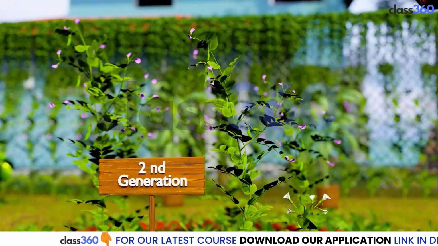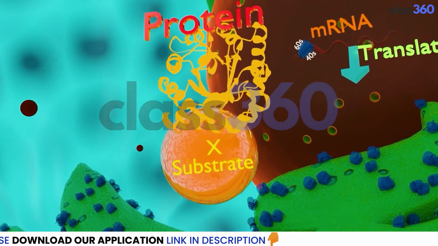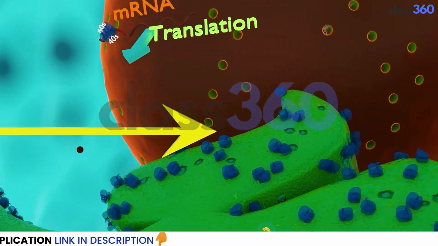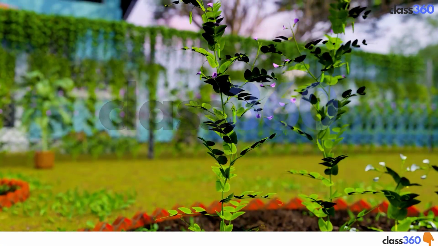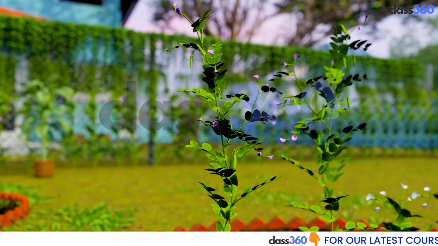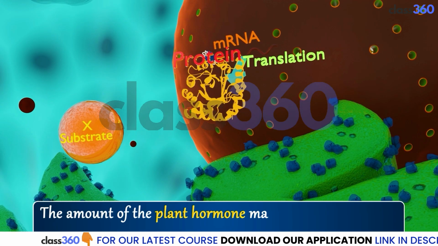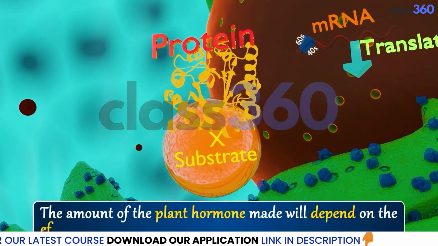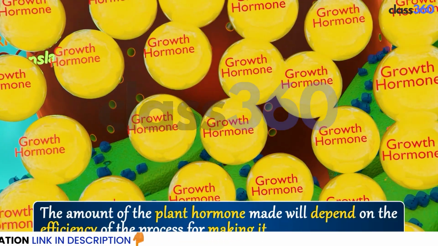In tall plants, the protein of a gene is functional and produces a larger amount of plant hormone, which causes tallness in the plants. The amount of plant hormone made will depend on the efficiency of the process for making it.